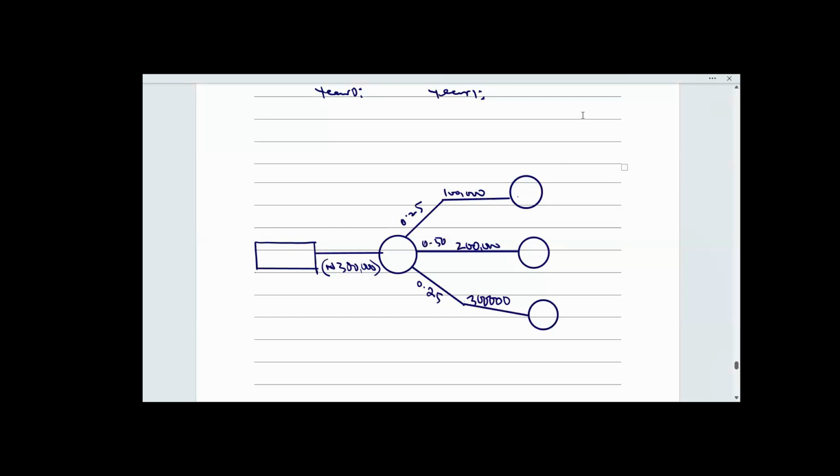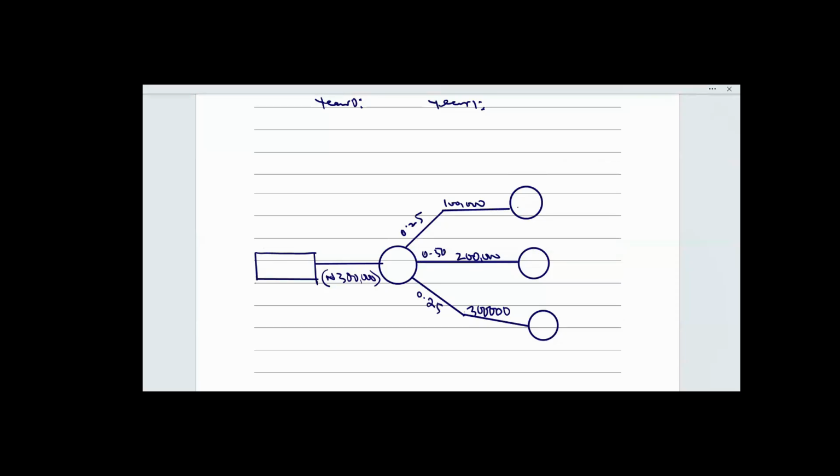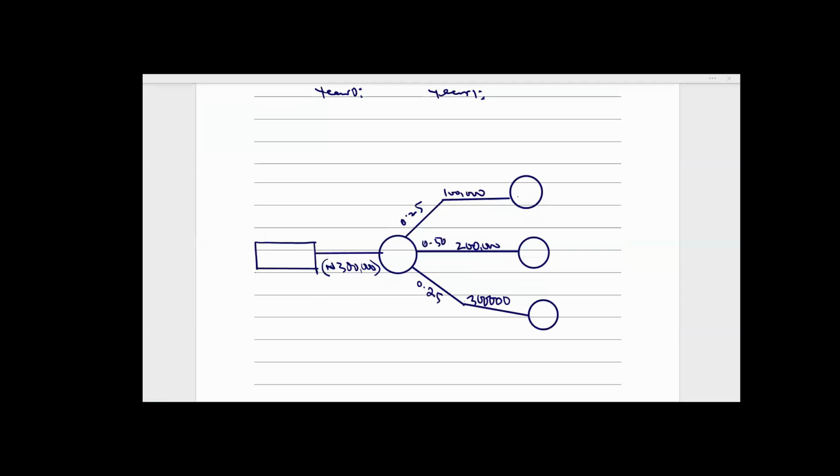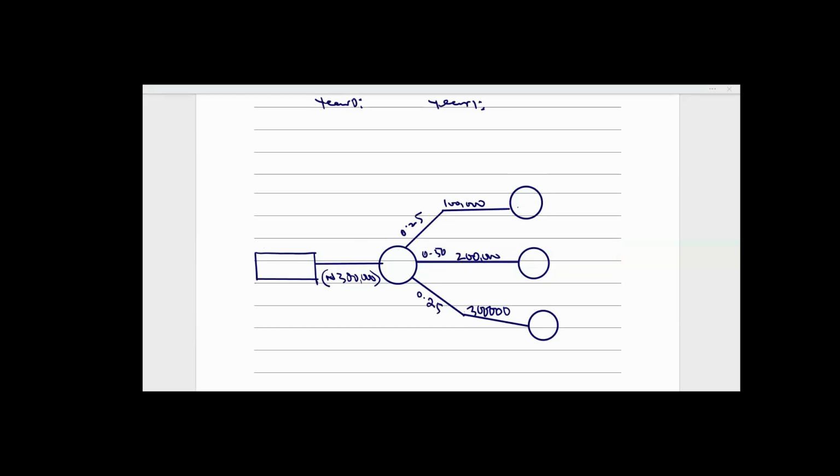Okay, then of course we need to represent year two cash flow now. In year two is where we have an issue. You are told in year two that if cash flow in year one is 100,000, there's a probability of 0.25 that cash flow in year two will be nil. So let's go and represent that.